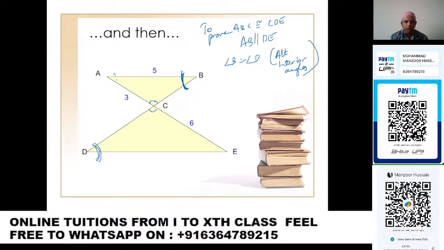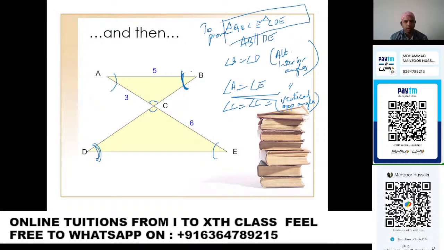Whereas angle A is equal to angle E, therefore it's going to give me the same representation with respect to alternate interior angles, and angle C is equal to angle C, which are vertically opposite angles. Therefore, triangle ABC is similar to triangle CDE.